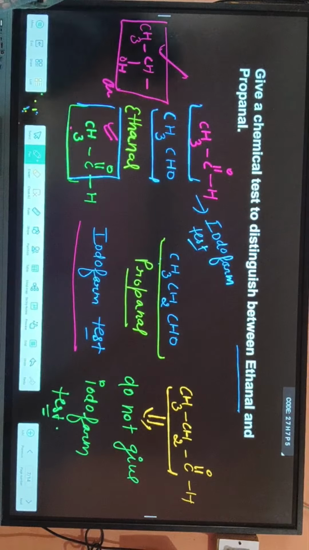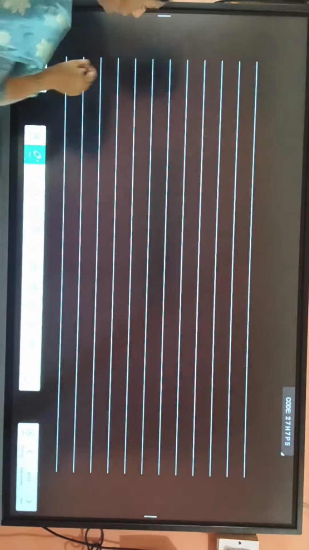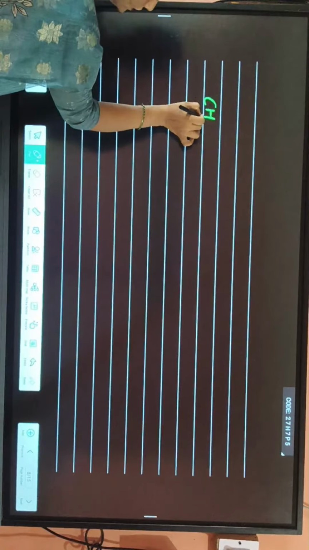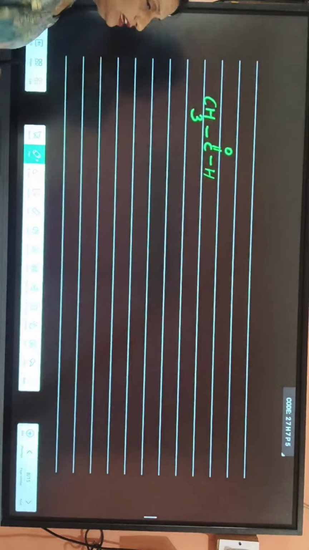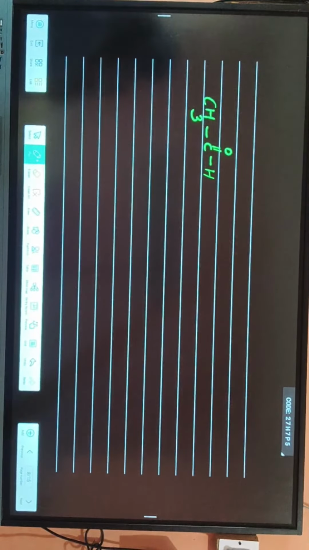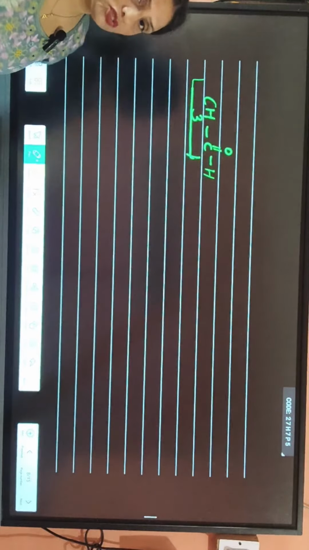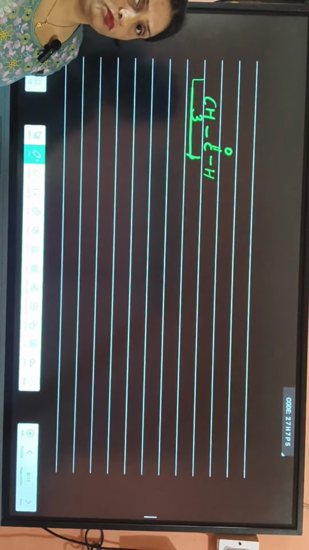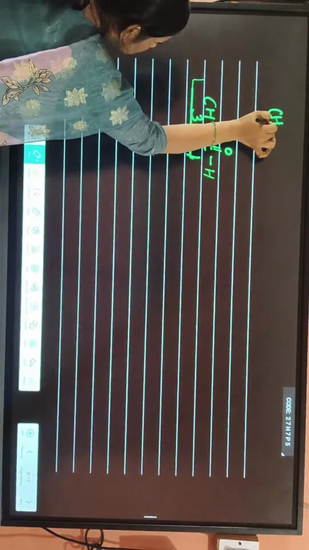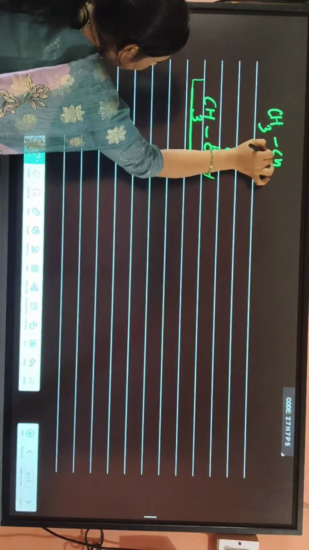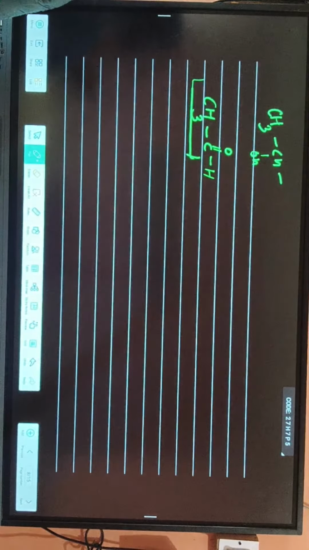Now, what is the iodoform test? Let's see. Actually, students, if you have either an aldehyde or a ketone, but the CH3CO group must be there, or this CH3CHOH group, one of these groups must be present.